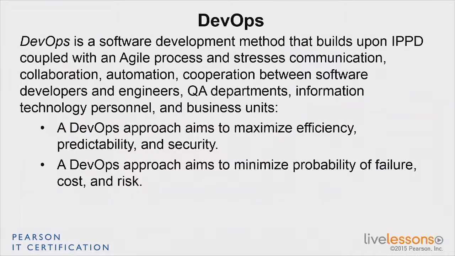A DevOps approach aims to maximize efficiency, predictability, and security. A DevOps approach aims to minimize probability of failure, cost, and risk. So again, DevOps attempts to maximize efficiency, predictability, and security, where a DevOps approach attempts to minimize the probability of failure, cost, and risk.